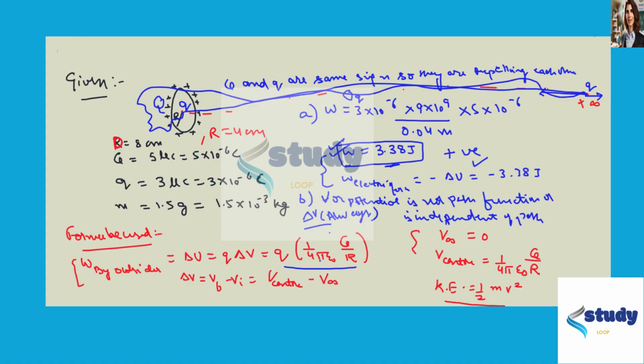So coming to part C, if the ball is slightly displaced from the center, let's make another slide. So we have this ring. Now the particle, let me make the circle again. So now Q is here. Say that the particle is at the center.